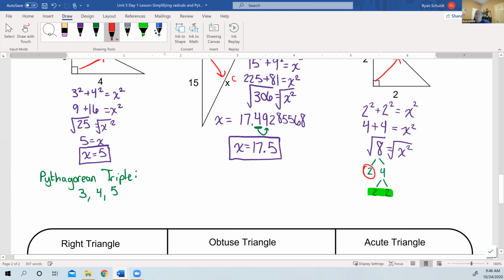Singles stay home. So I'm going to have x equals 2, because this couple went out, square root of 2. There's our answer.